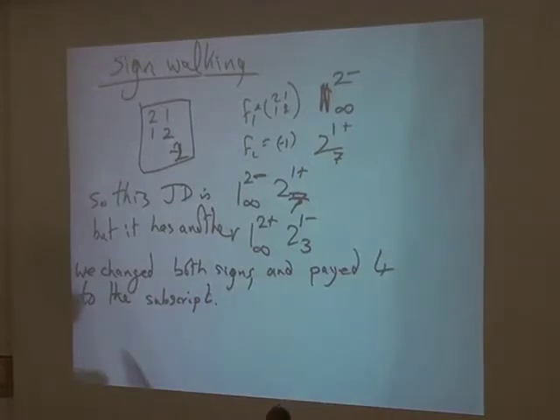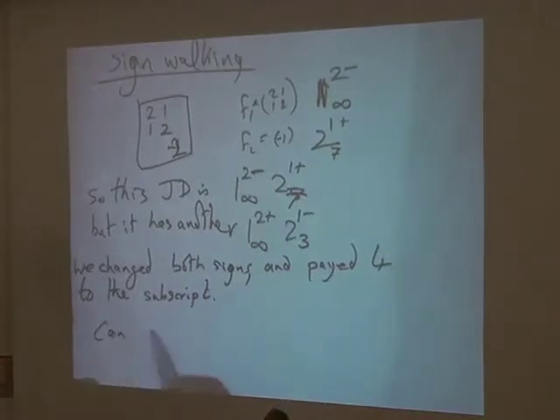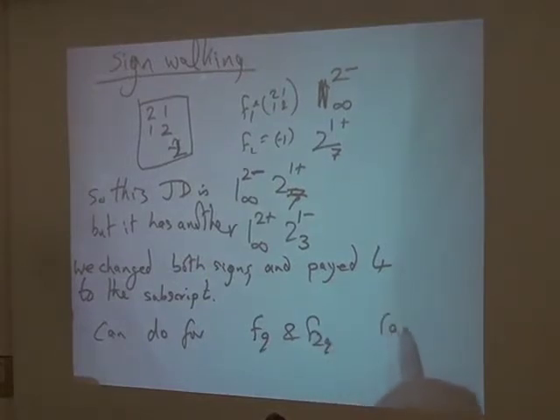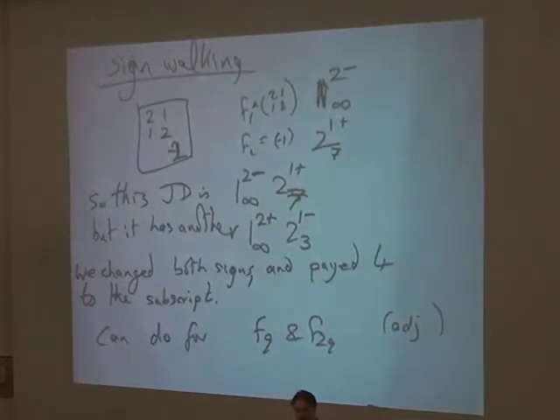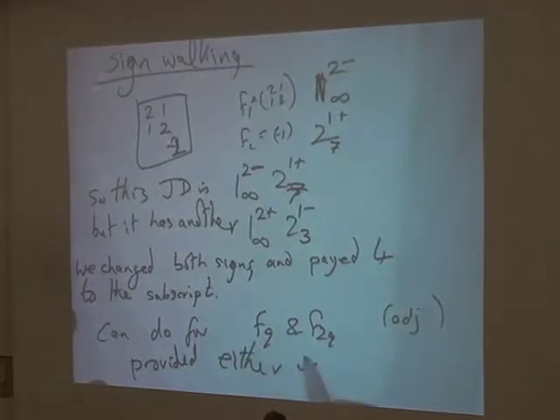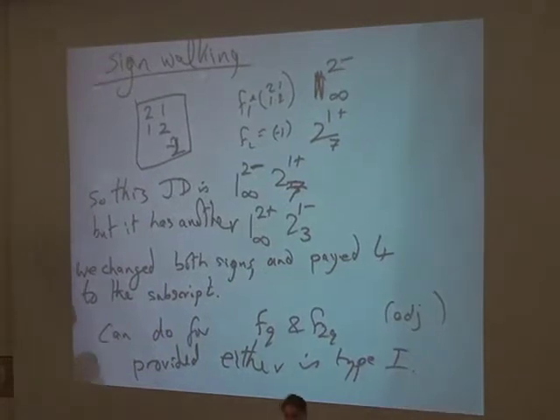You can do it for FQ and F2Q. They're adjacent forms, notice: one of them is for a power of 2 and the other is for the next power of 2, provided that either is type 1, which means odd.